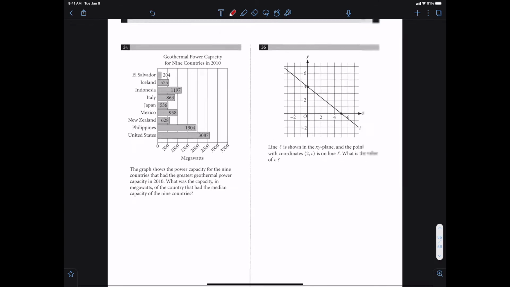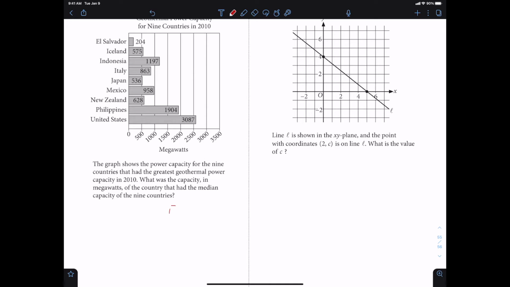So the least is going to be, I'm going to just use some initials, El Salvador. After El Salvador should be Japan. Then we're going to get Iceland.